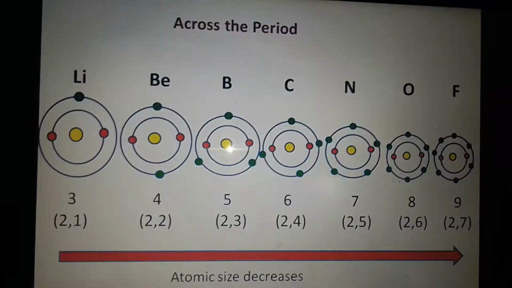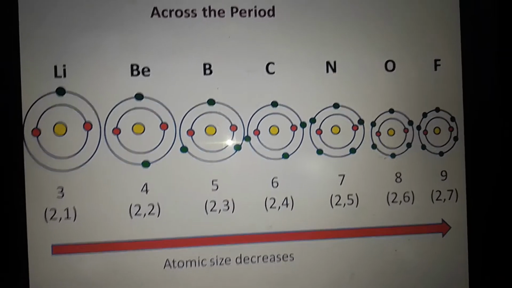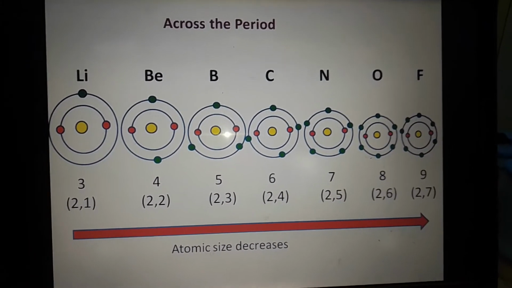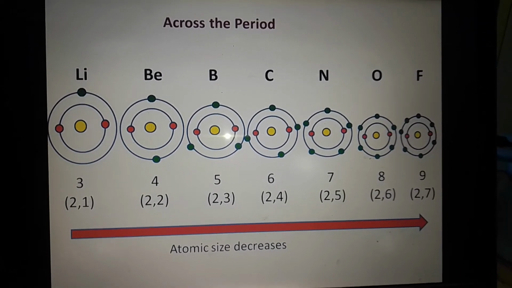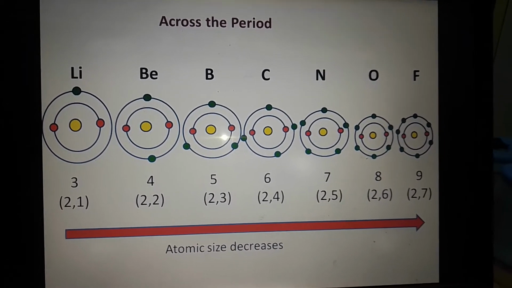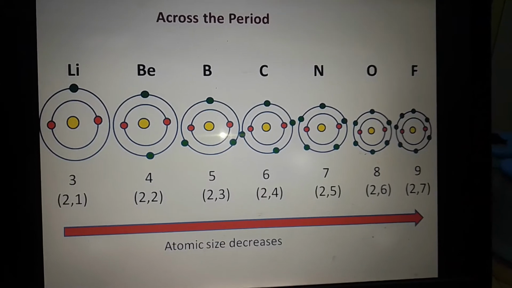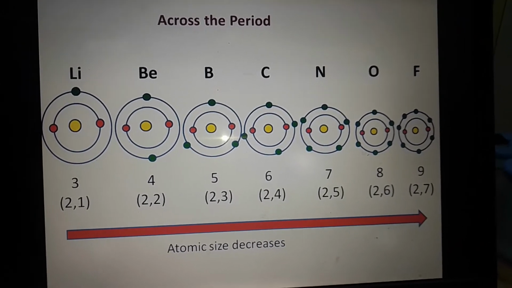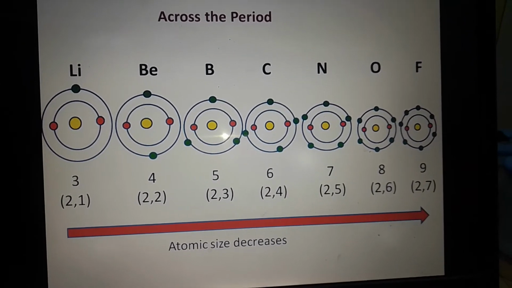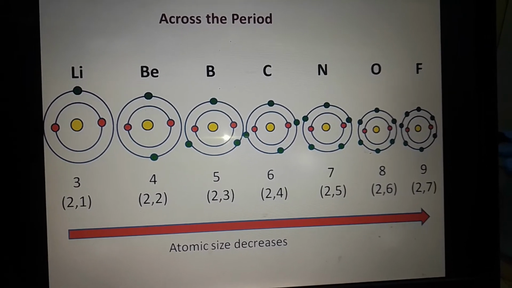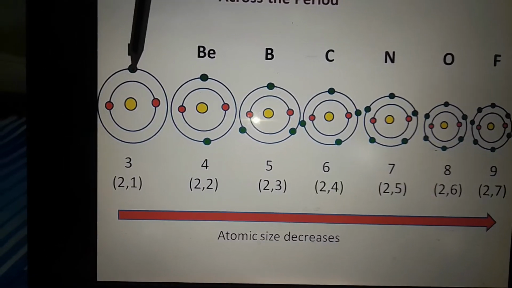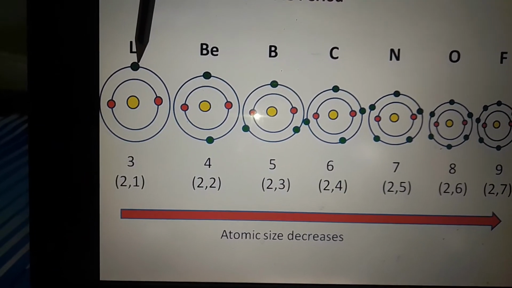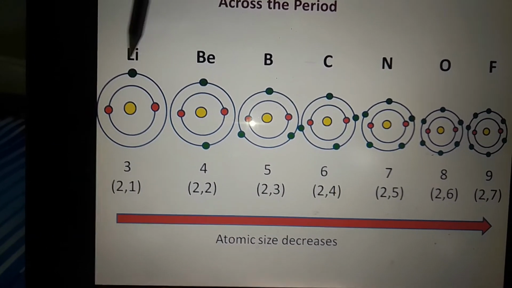This we will see with the help of a diagram. Here there are the elements from lithium, having atomic number 3, to fluorine, having atomic number 9. All these elements are arranged according to their electronic configuration. In the first diagram, one electron is present in the outermost shell.